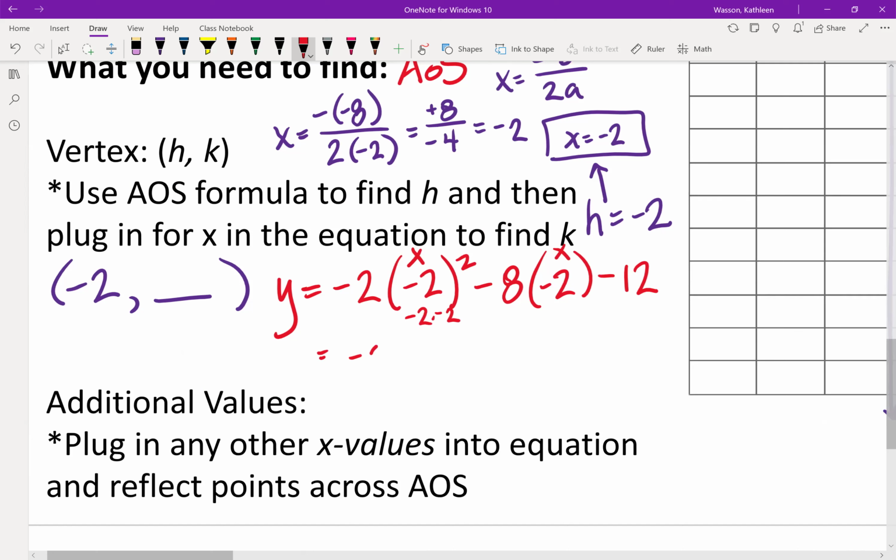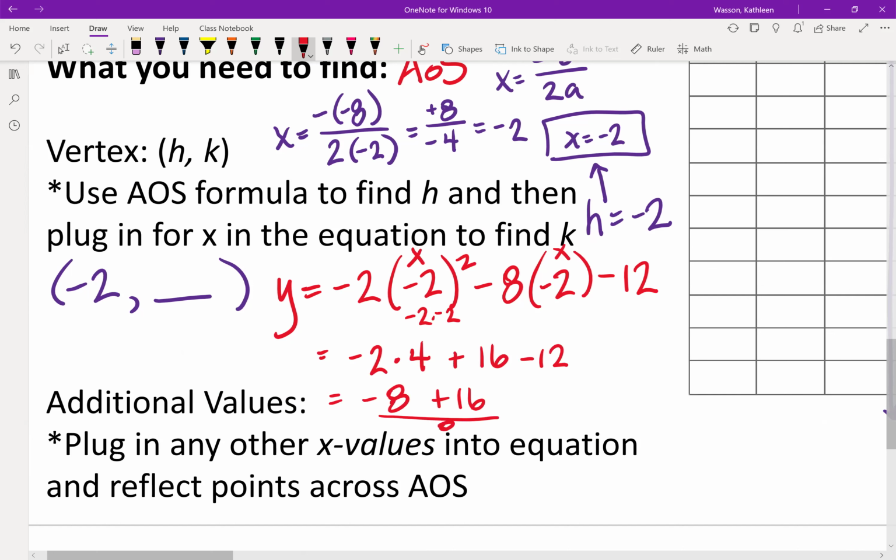So I get -2 times +4, and then -8 times -2, negative times negative is positive. 8 times 2 is 16. And then I have this -12 here. There's no calculation for that. So I have -8 plus 16.